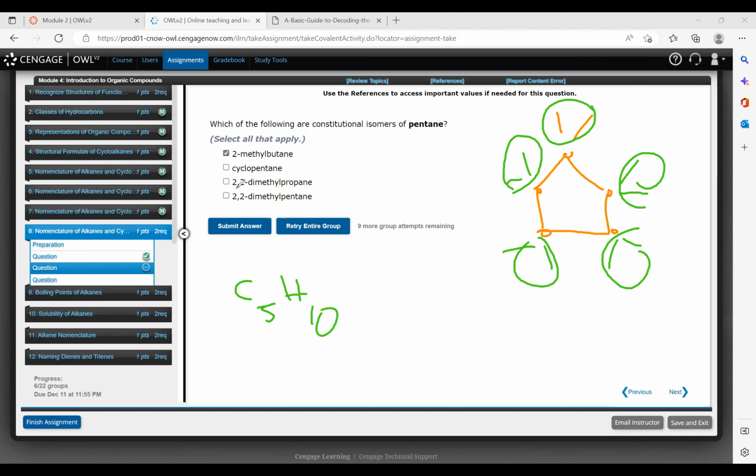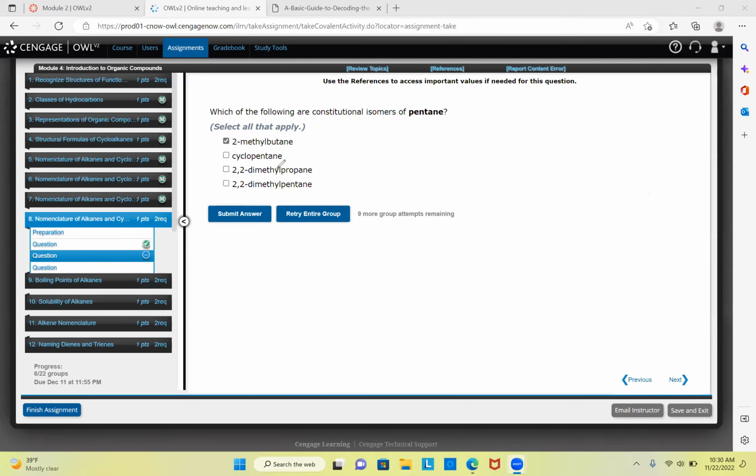But let's try this 2,2-dimethylpropane. So again, propane is going to look like this. So we have our propane, and then we have our methyl group sticking out here.